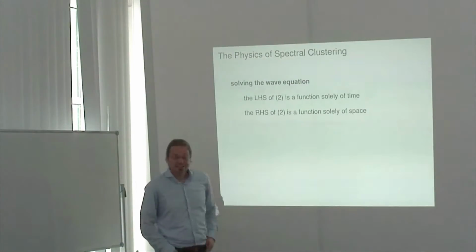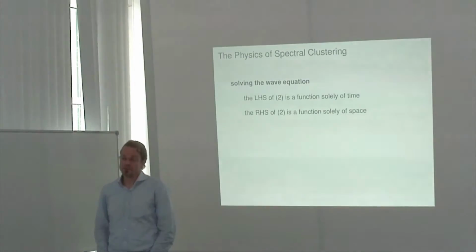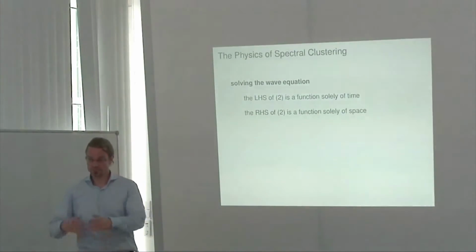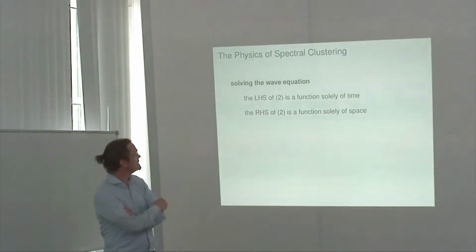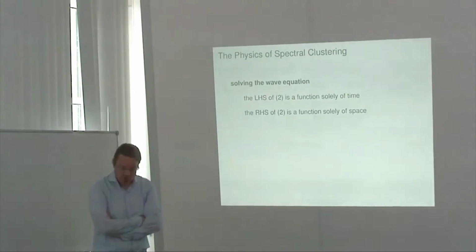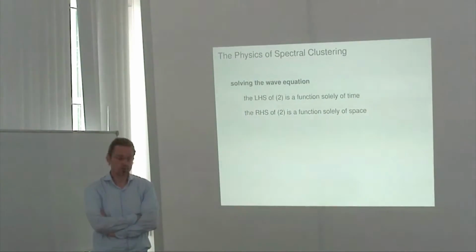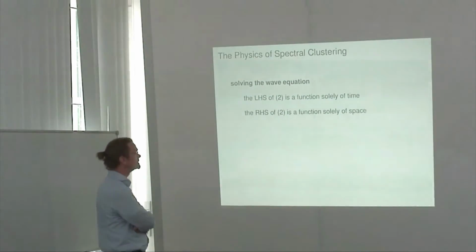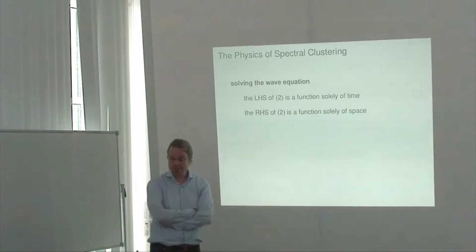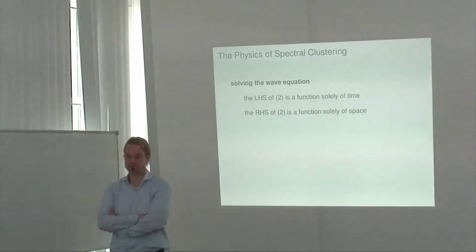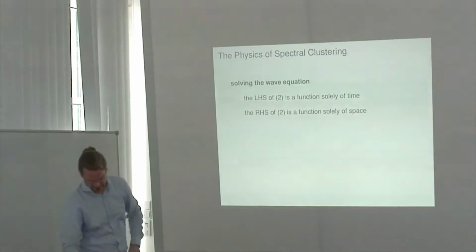That is to say that the left-hand side of the wave equation we obtain under our assumption is a function solely of time. There's no x on the left-hand side. And the right-hand side is a function solely of space. There's no t on the right-hand side of that equation.